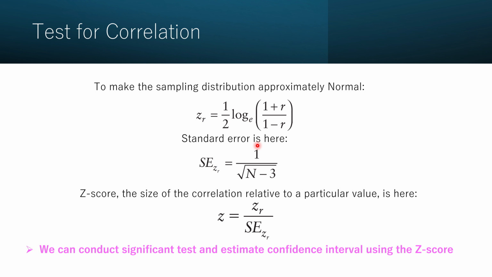We also have Fisher's z method, the basic method to make the sampling distribution approximately normal. We can conduct a significance test and estimate a confidence interval using the Z-score.